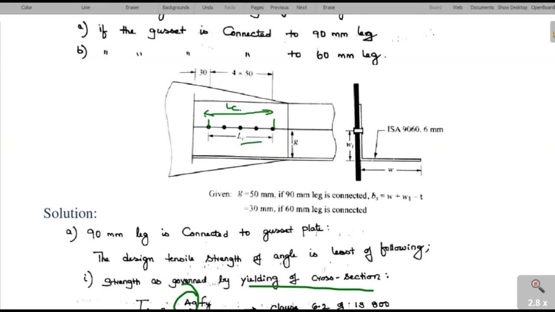And if you wanted to calculate Lc in this figure, you can easily see that 50 is nothing but pitch. What is pitch? The horizontal distance between the two holes or the bolts is nothing but pitch P. So pitch is 50, that means the bolts are 50 mm apart center to center. So how many are there? 1, 2, 3, 4 gaps, 4 intervals. So 4 into 50. So total length is 200.